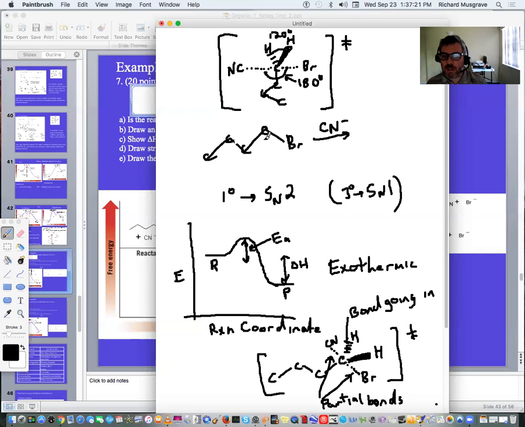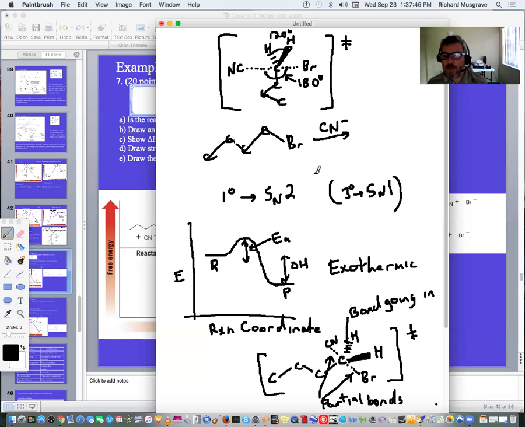But the reaction center is where the bromine is. So we're not interested in what's going on the other carbons. Okay. But I have to draw it this way so that I can get an impression of all the bond angles. So that's what makes the SN2 a little bit of a bear to draw.